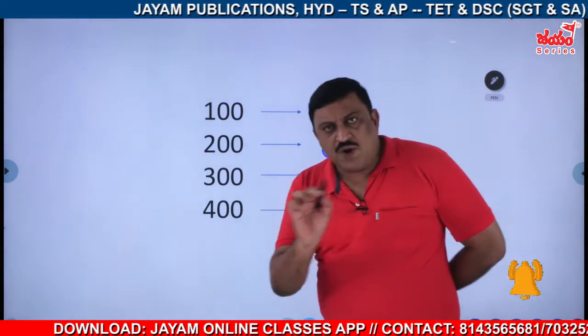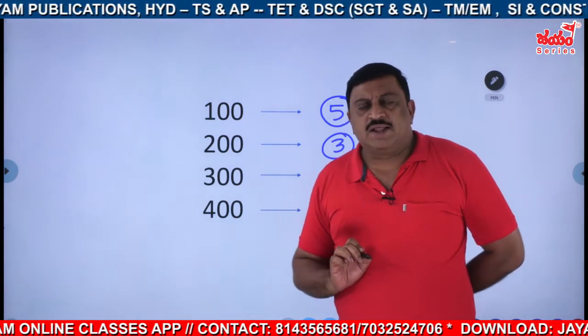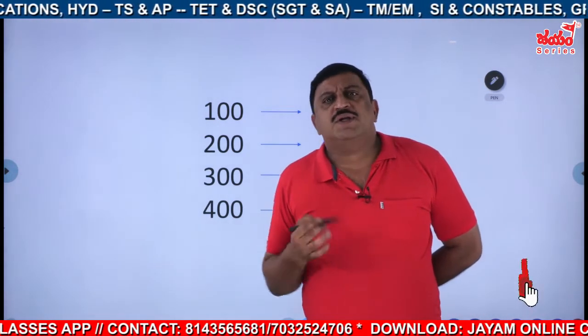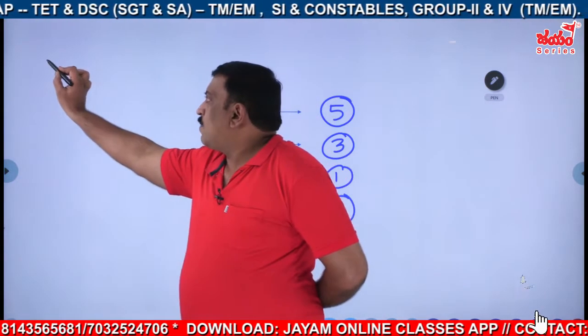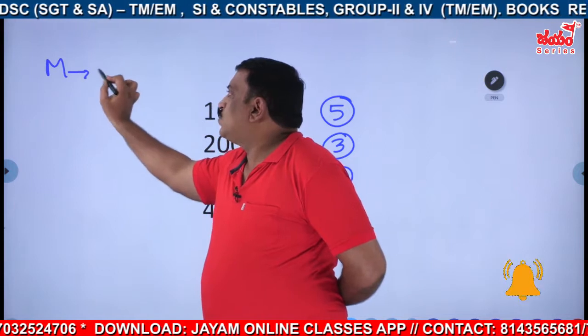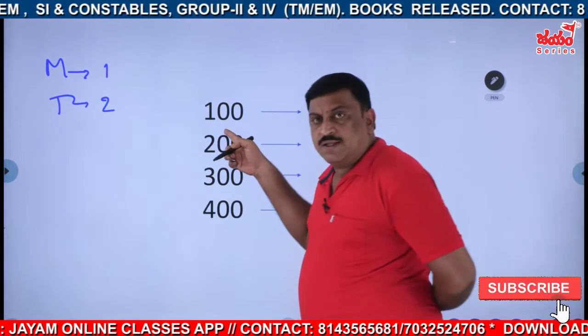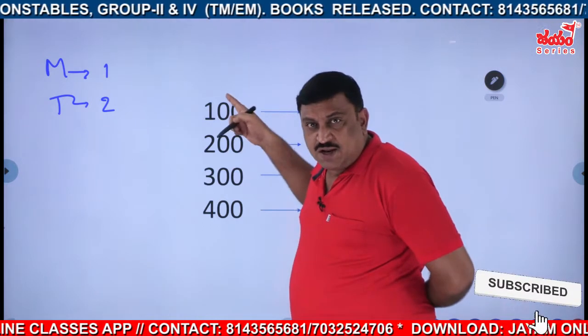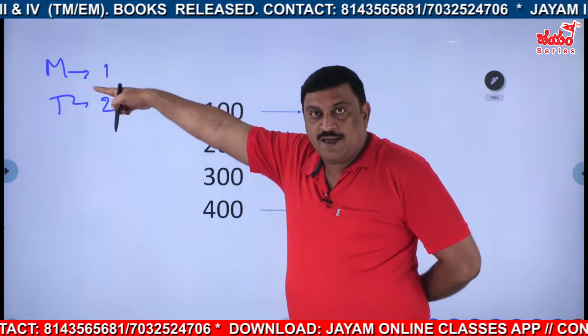Suppose, while counting, you say 5 odd days are there. 5 means what? Our Monday is 1, Tuesday is 2. The first year in the calendar started on which day? Monday, is it not?